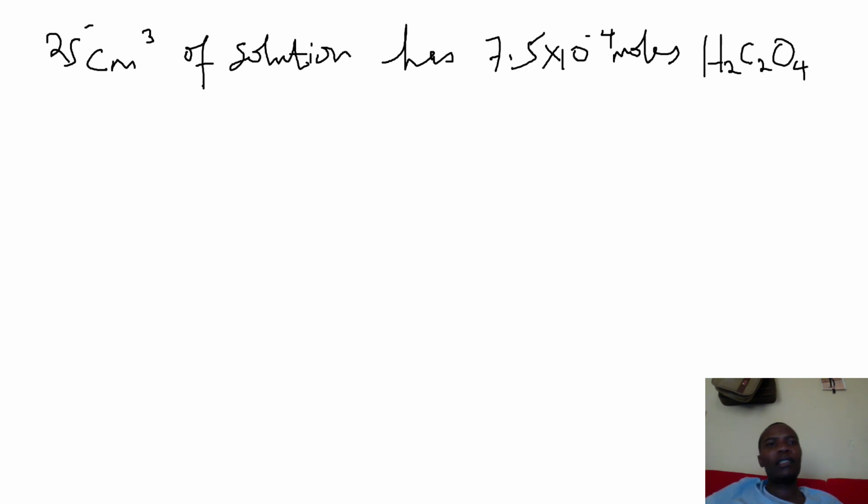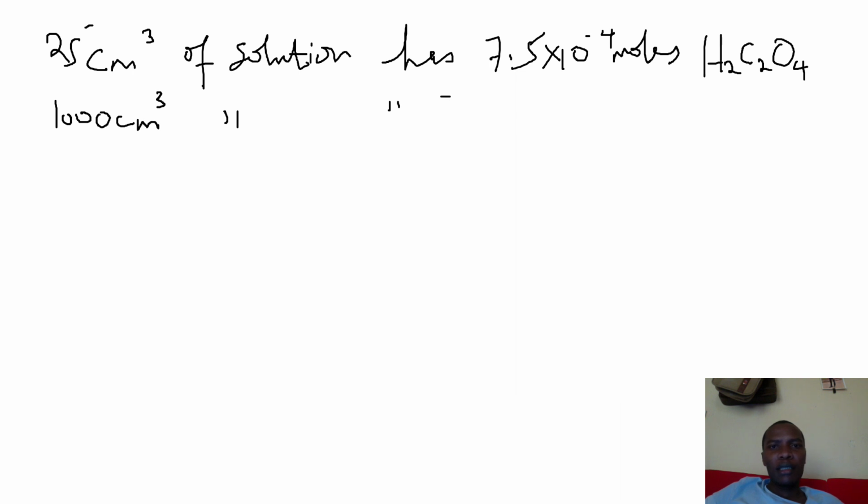If that is the case, how about if I'm having the 1000 centimeters cubed? So I want to get it in a liter, because the solution we are dealing with is for a liter, so I have to keep it to the liter until I finish everything. Of this same solution, let me just quickly do it.